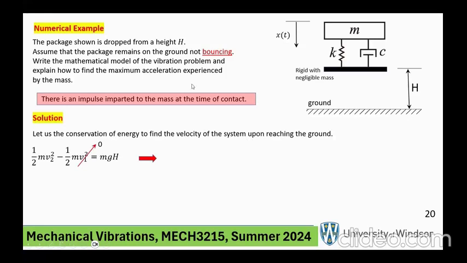Initial velocity is 0, so we have 1/2 mv squared equal to the work done by potential energy, which is going down, of course, positive, and you get the velocity when it hits the ground. So we have the velocity of this gadget when it hits the ground.